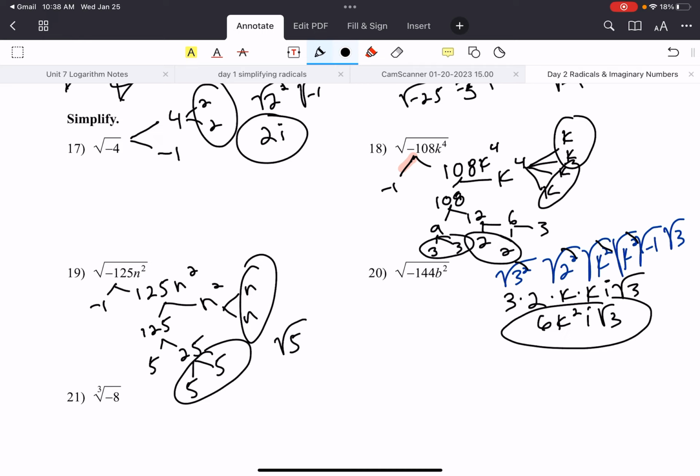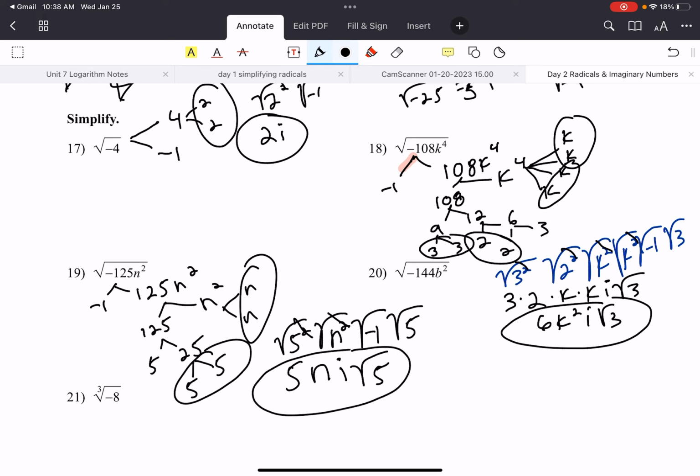So I take my group, my negative and my leftover. So 5ni square root 5. And as you get better, you're going to be able to jump from the tree straight to this, and that would be great.